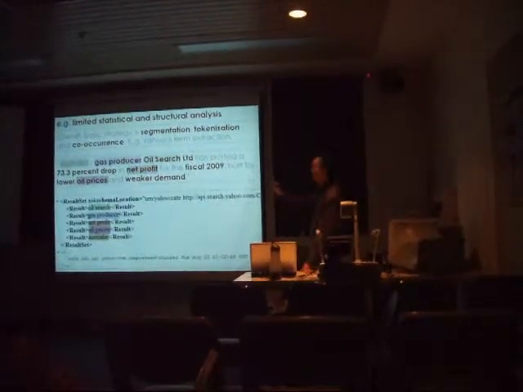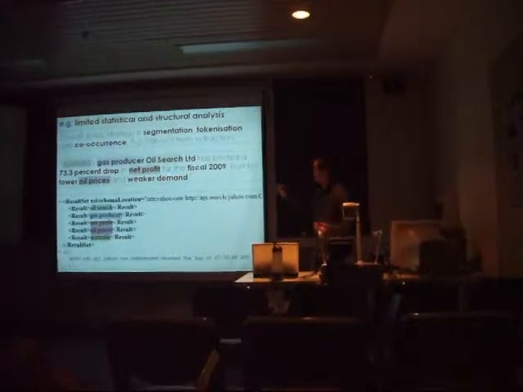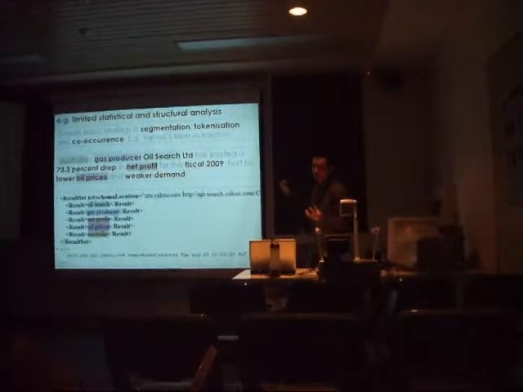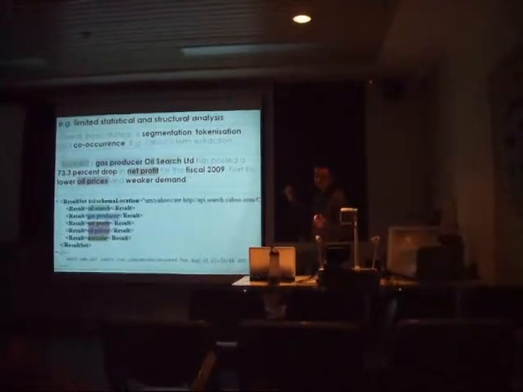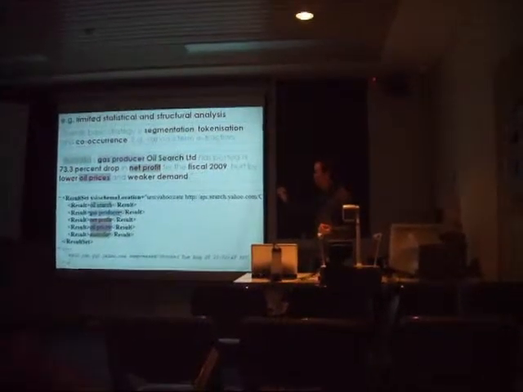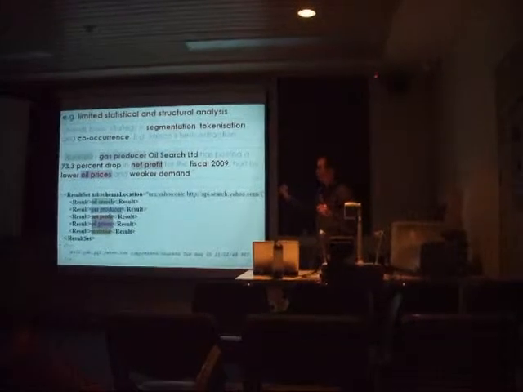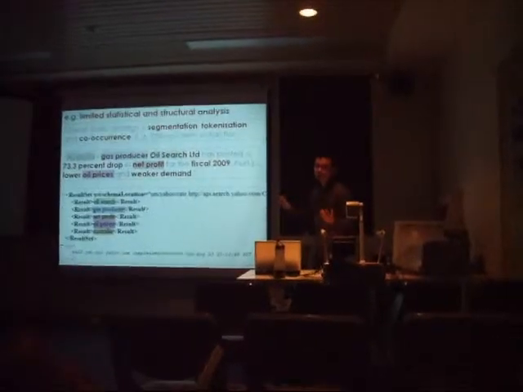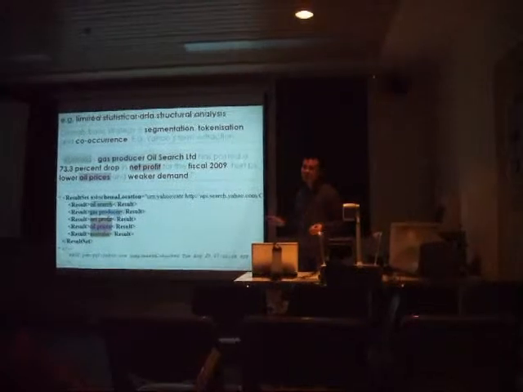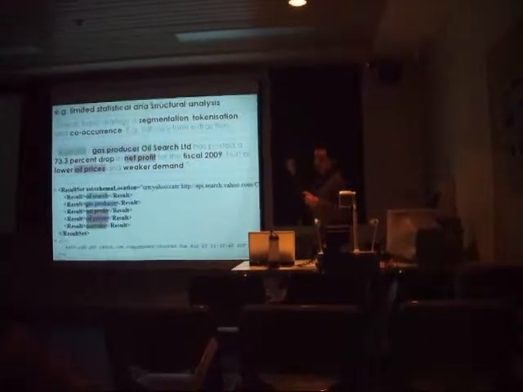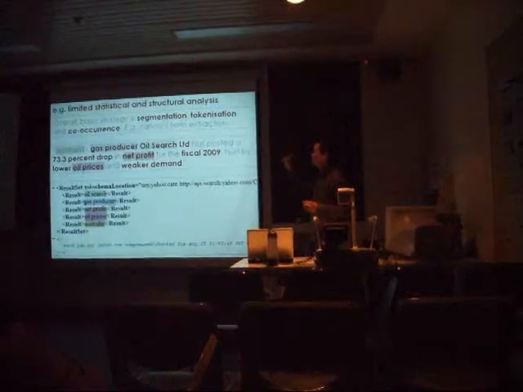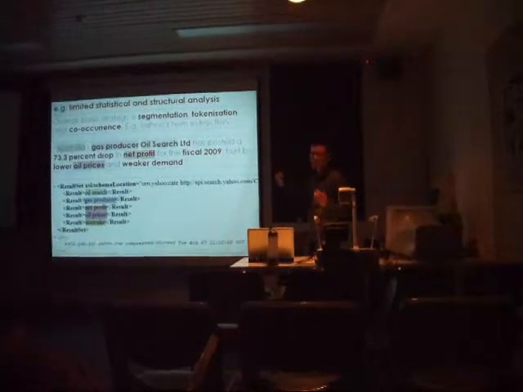As you can see, other important key terms that describe the essence of this piece of information are not included. For example, weaker demand, fiscal year 2009, lower oil prices, not just oil prices, percent drop, they are not included. Yahoo's term extraction facility misses all those things because this technique is based merely on simple segmentation, tokenization, and statistical co-occurrence.